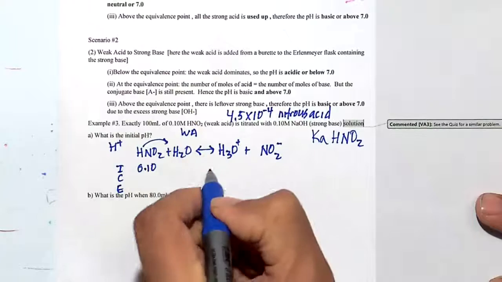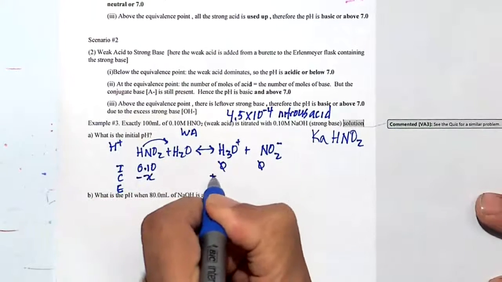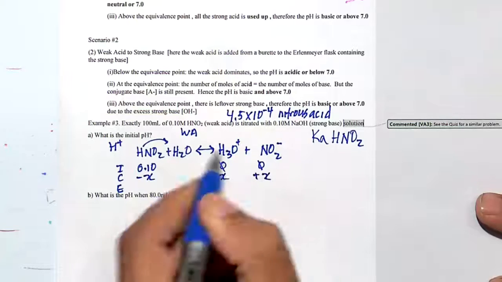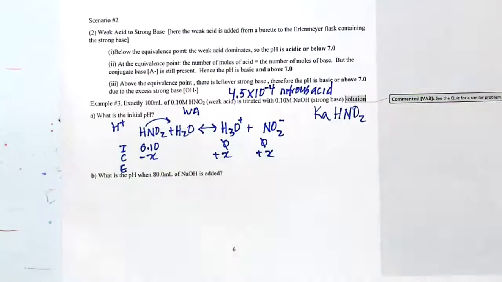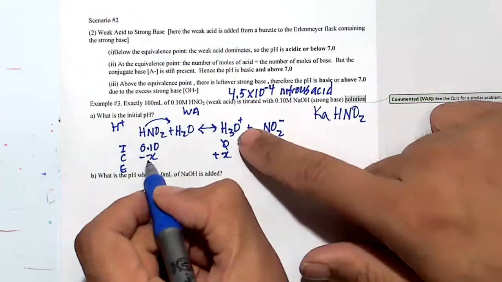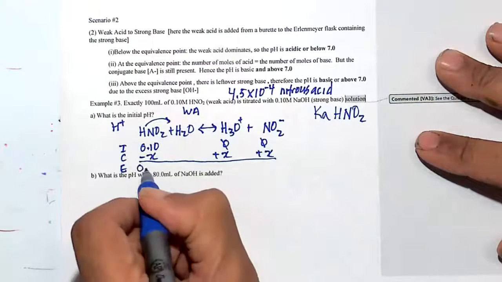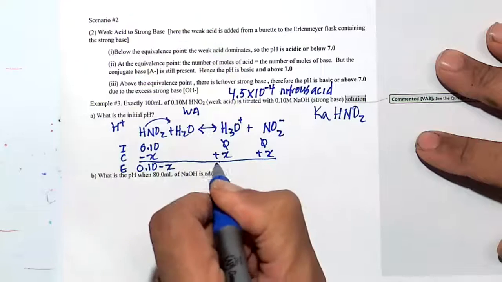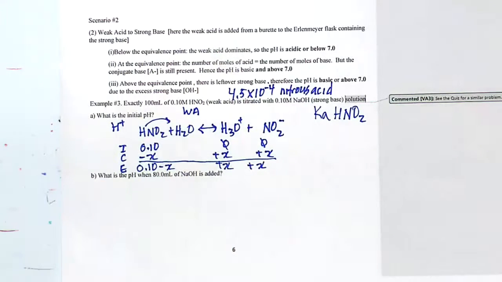ICE: initially, minus X, plus X, plus X. So this bottle of nitrous acid, that's 0.10 molar, is not really 100% 0.10 molar nitrous acid. There's a little bit of H plus and a little bit of nitrite ion. So we have 0.10 minus X, plus X, plus X. This is the initial pH. Nothing has been added. We have not added anything of the titrant.